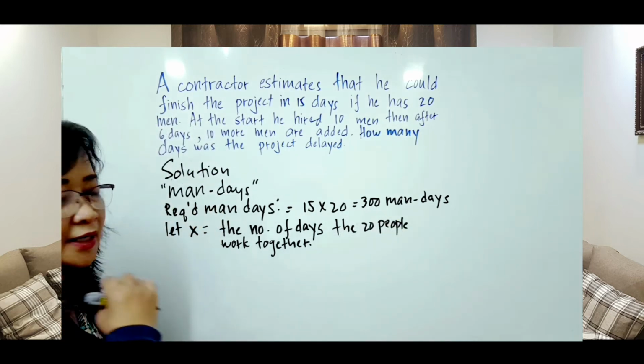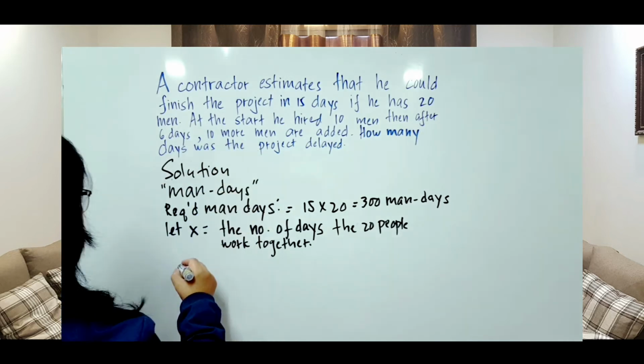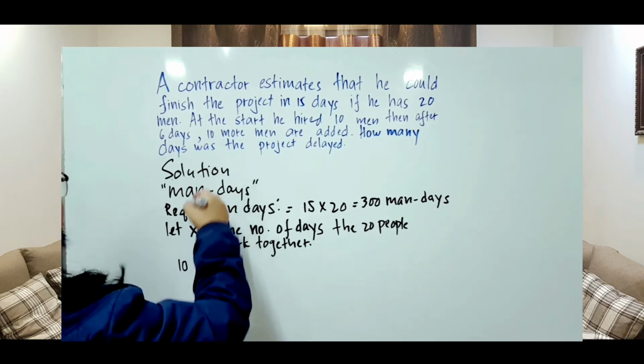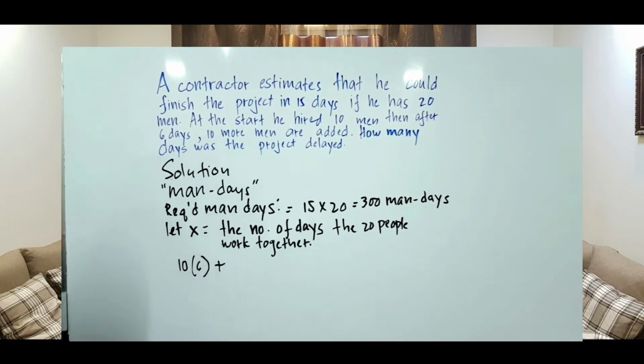is 300. Now, at the start, he hired 10 men. So 10 men in 6 days. Then after that one, another 10 more men.